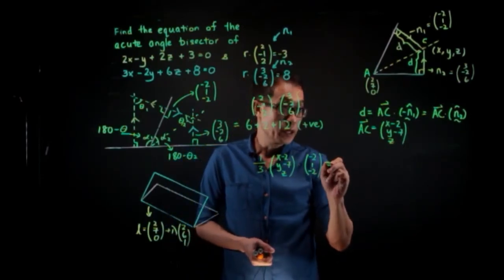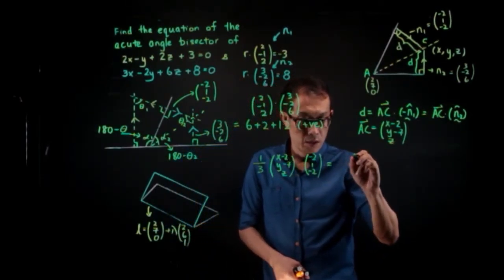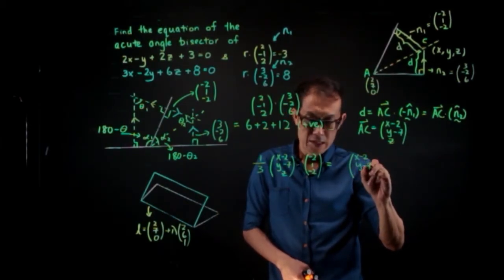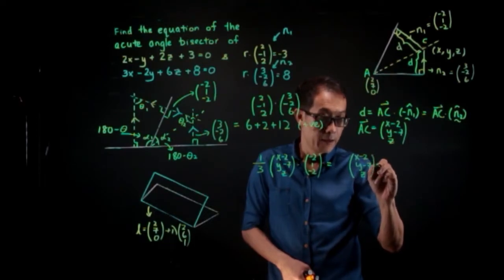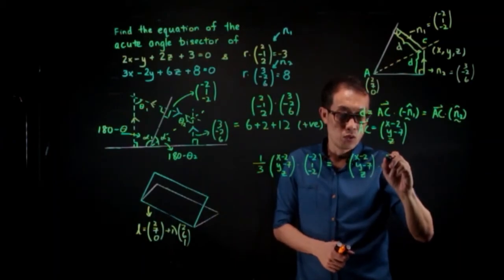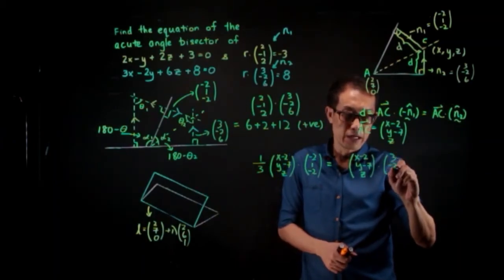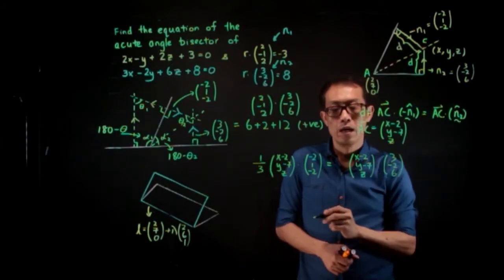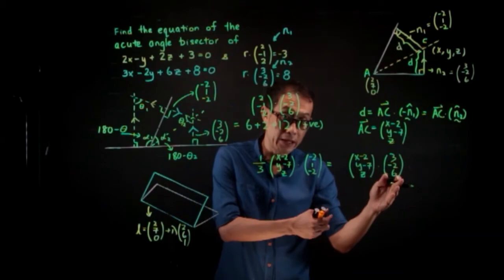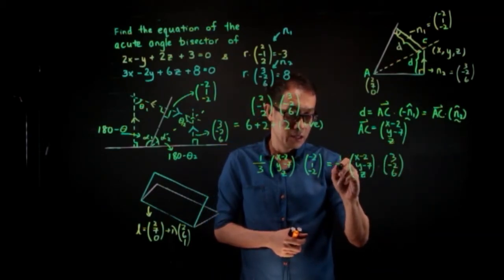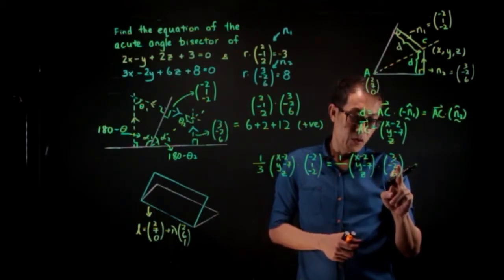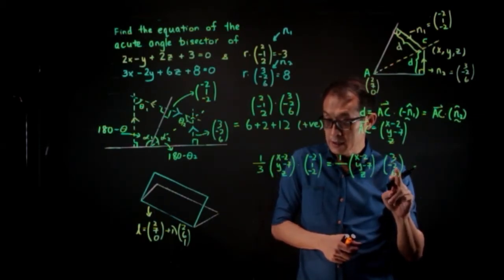That will be equal to (x minus 2, y minus 7, z) dot the unit vector of n2, (3, minus 2, 6). But what is the magnitude of this? We need to divide by its magnitude in order to make it a unit vector. This is 9, plus 4 is 13, plus 36 is 49.